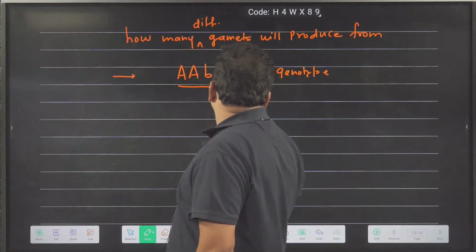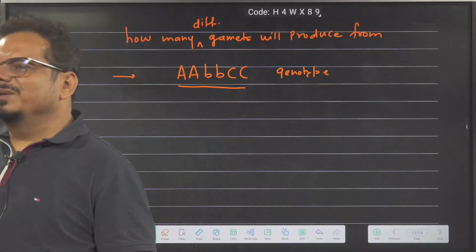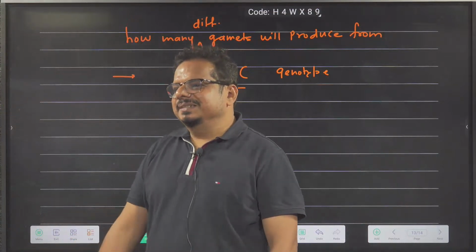Different gametes will be produced from this genotype: capital A, small b, capital C.